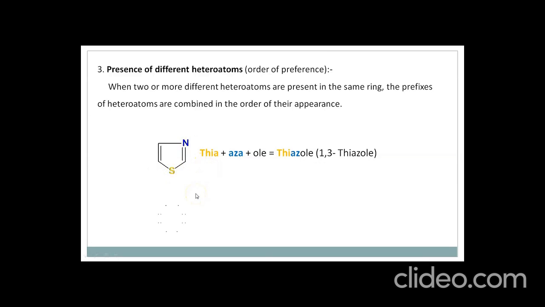Let's see the second example in which it has oxygen and nitrogen heteroatoms. So which one has preference? Obviously, oxygen. So write the prefix firstly for oxygen as oxa, then for nitrogen aza, and as it is a 6-member ring, the stem we use is INE.